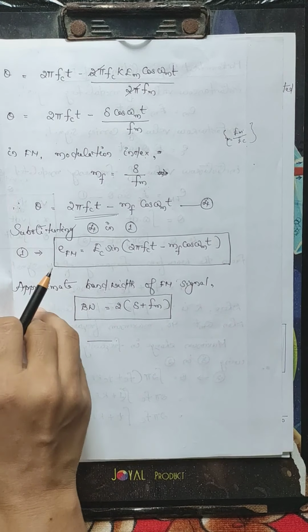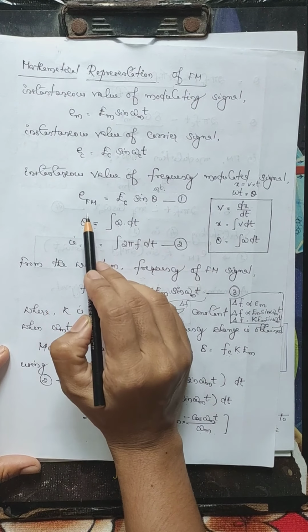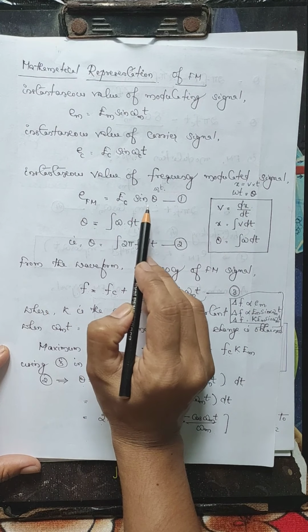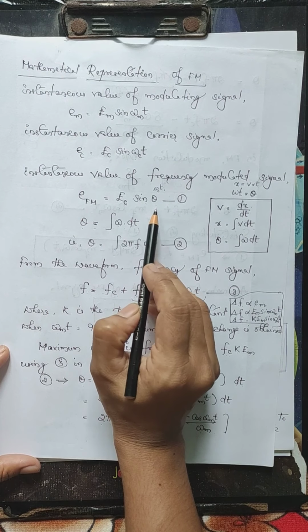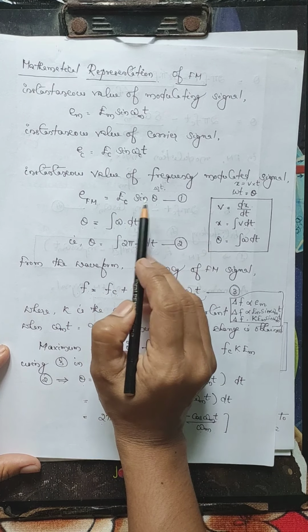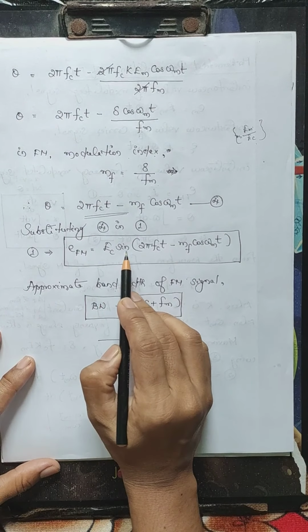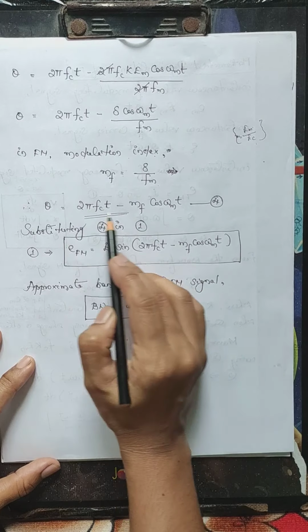Now we have our frequency modulated signal as EFM is equal to EC into sin theta. So we got the expression for theta. Now EFM will be EC into sin theta, and theta is this term.